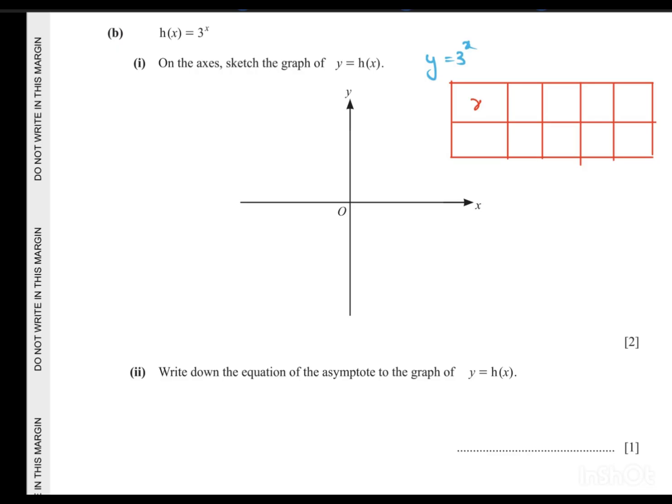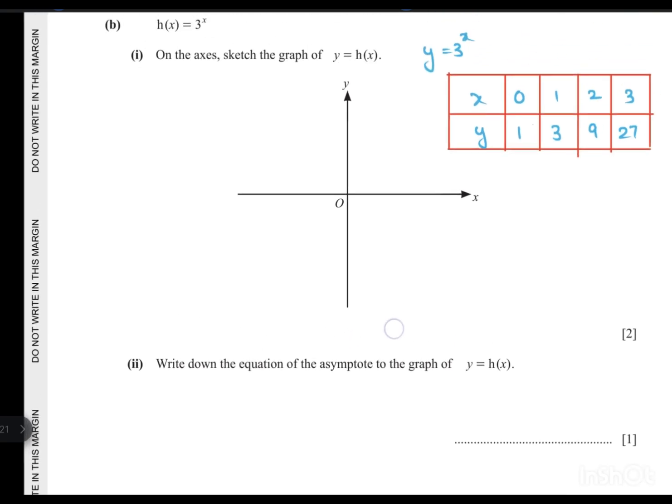When x is 0, y is 1. When x is 1, y is 3. When x is 2, y is 9. Because it is 3 raised to 0, 3 raised to 1, 3 raised to 2, 3 raised to 3 is 27. So let us only show 0, 1 and 2 here.